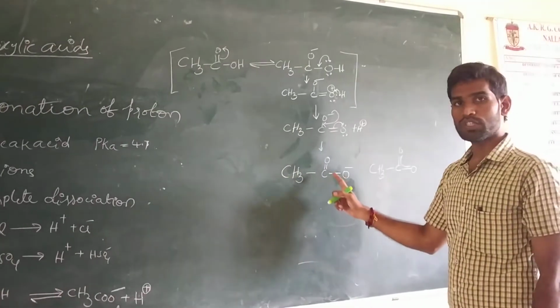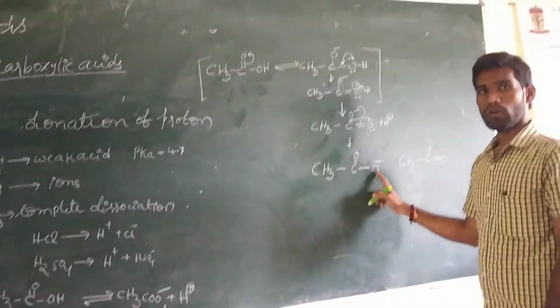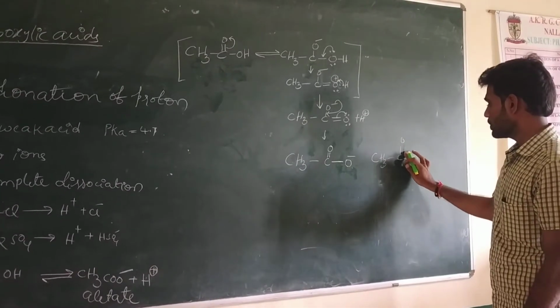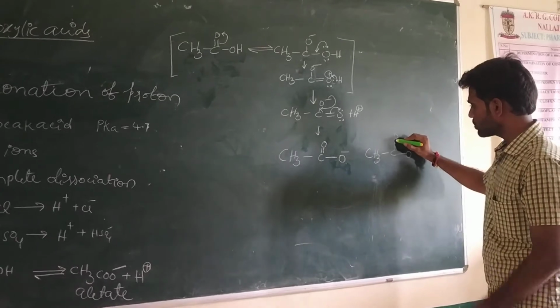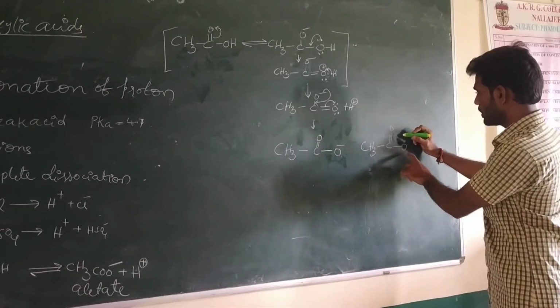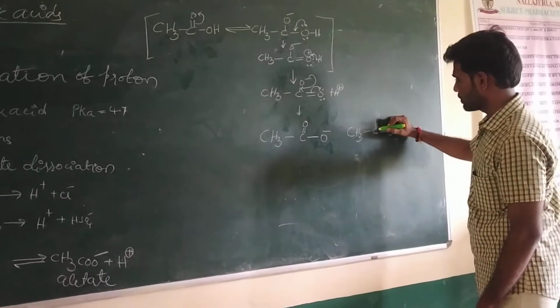The charge is distributed between the 2 electronegative oxygen atoms, and this is the general representation. That means the pi bond is sometimes between the carbon and one oxygen atom, and sometimes between the carbon and the other, so that's why we represent it like this.